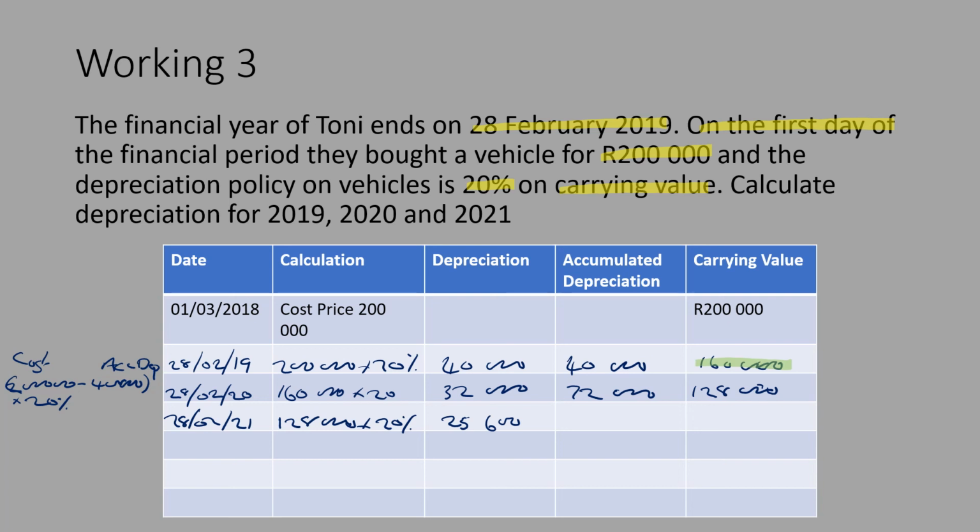Then my accumulated depreciation will be 97,600. Then carrying value, that will be 200,000 minus 97,600, which is 102,400.